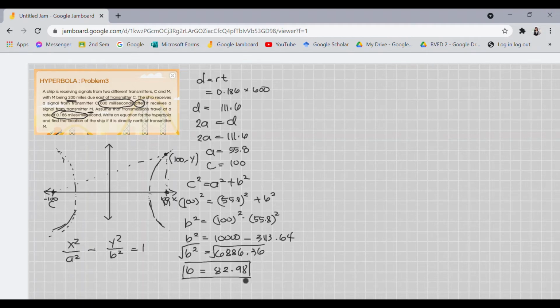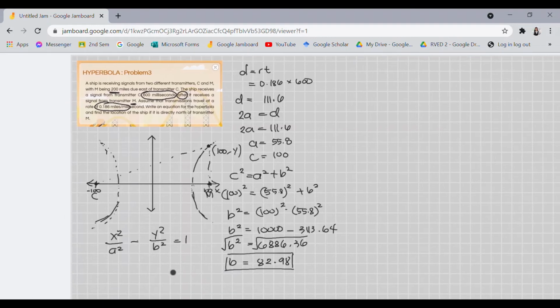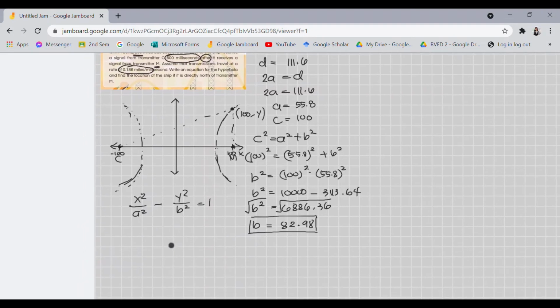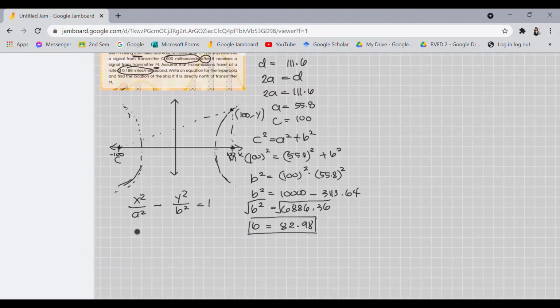So, if we write this in your equation, lagay natin siya dito sa equation, we have here x squared over a squared, going back, 3,113.64, that's a squared. So, we have 3,113.64 minus y squared over 6,886.36 is equal to 1.